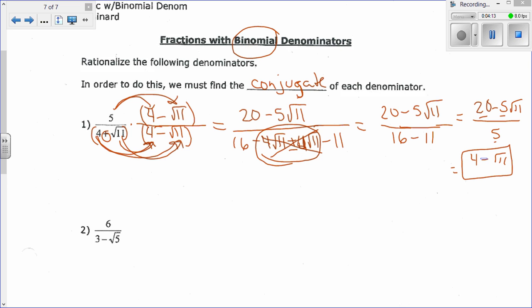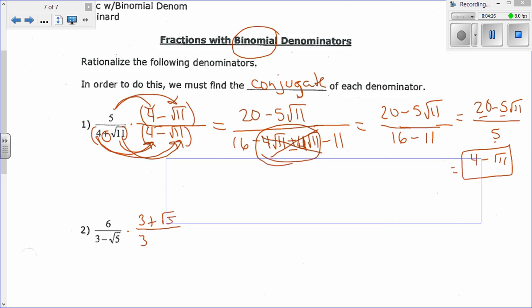we have 6 over 3 minus square root of 5. So my conjugate here would be 3 plus the square root of 5. And like I said, put parentheses around everything. We have a binomial. Then we distribute.